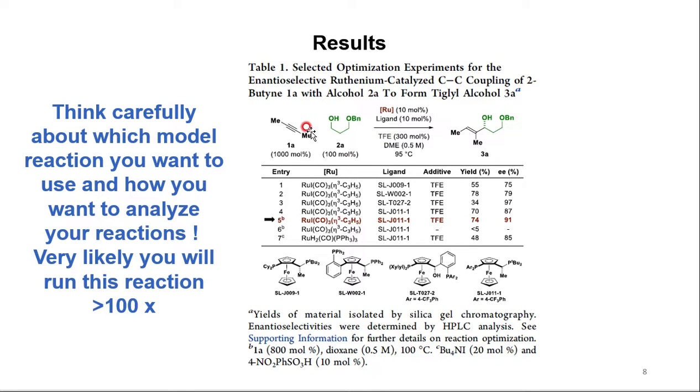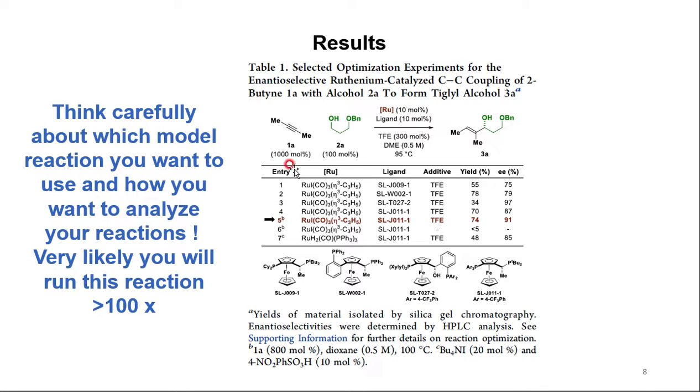So try to do NMR evaluation or GC evaluation of these compounds. Try to work with commercially available compounds or those which are easily available on multi-millimole scale, mole scale if possible, because if you run a lot of reactions, you don't want to spend half of your time synthesizing your starting materials. This is not interesting.